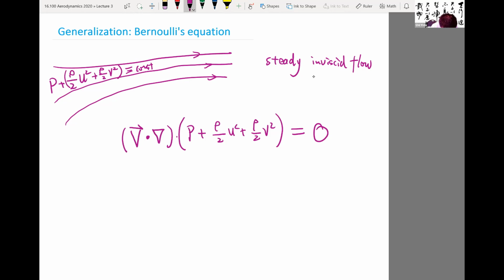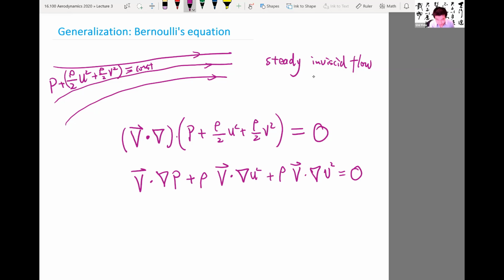What it means is that v dot grad of p, that's the first term, plus rho times v dot grad of u squared for the second term, plus rho times v dot grad of v squared, is equal to 0.